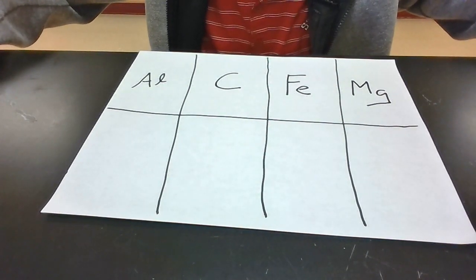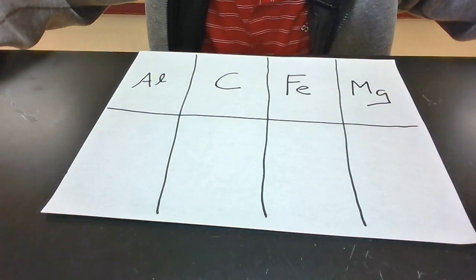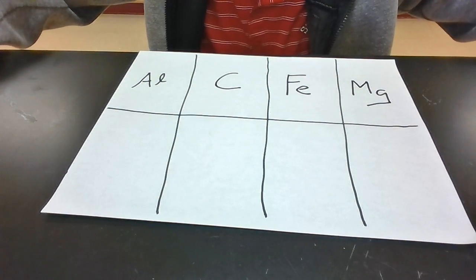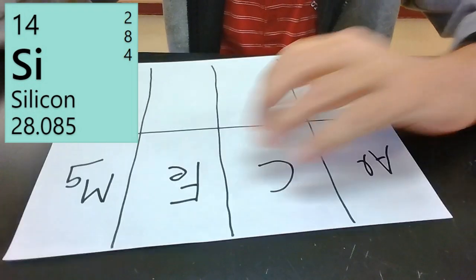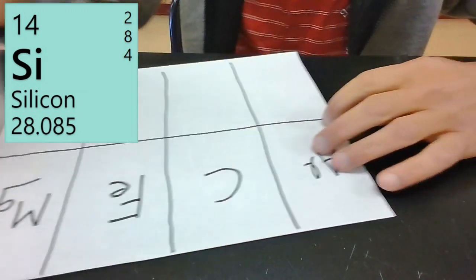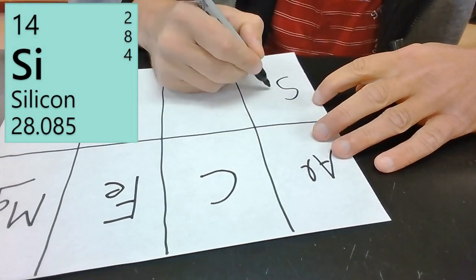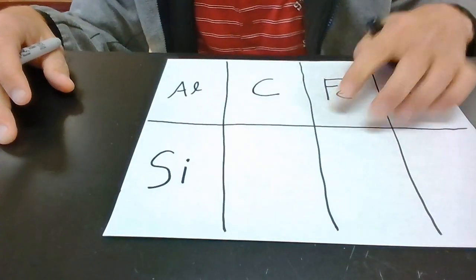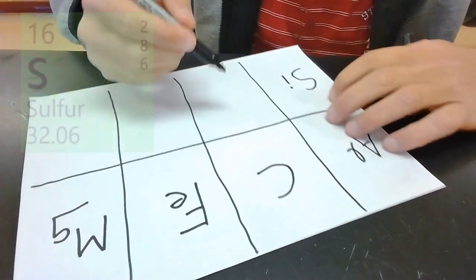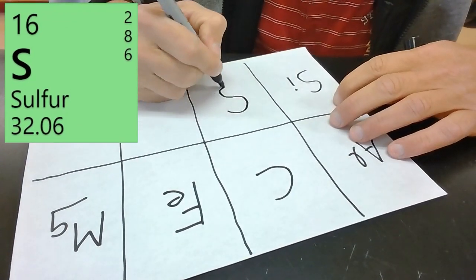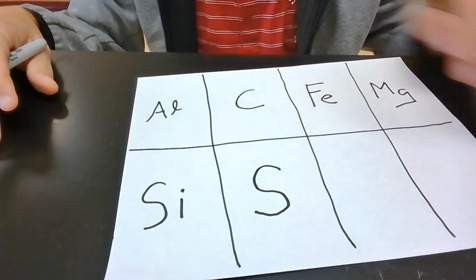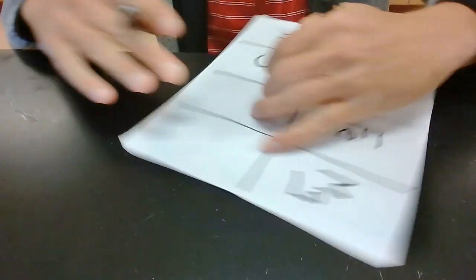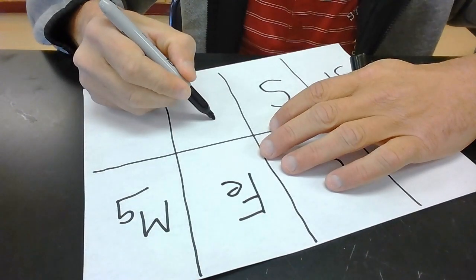After magnesium, we have silicon. Silicon is Si. Okay. After silicon, we've got sulfur. Sulfur is S. After sulfur, we've got tin.